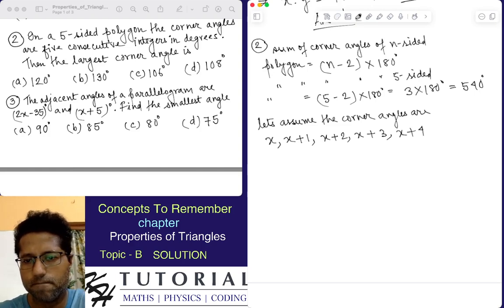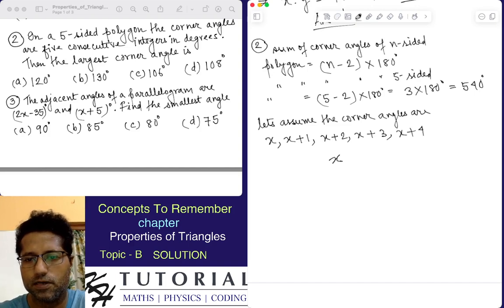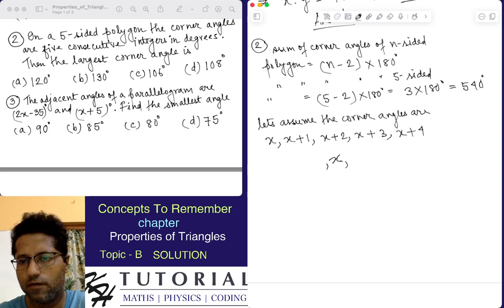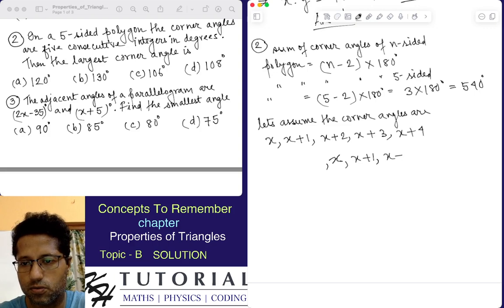Now if you consider the middle angle, say the middle angle be x, then obviously the next consecutive angle to x will be x plus 1, and the angle consecutive to x plus 1 will be x plus 2. Now this is fine, no problem. We will add all these numbers, and we will get 5x plus 10.